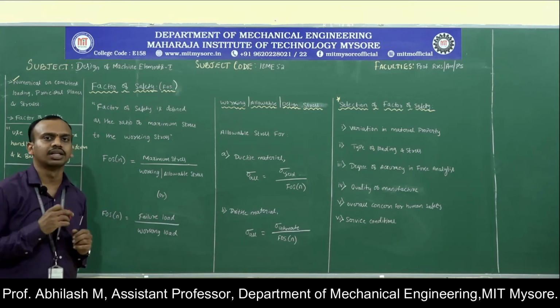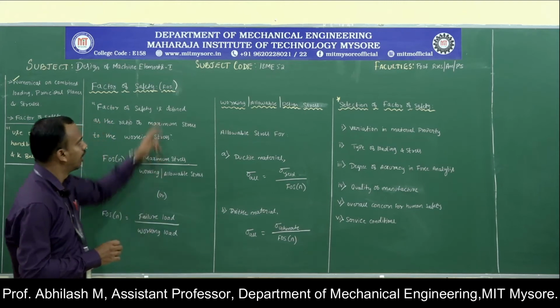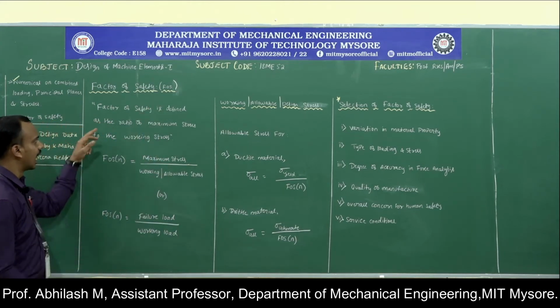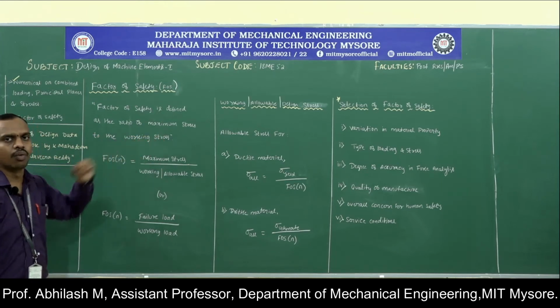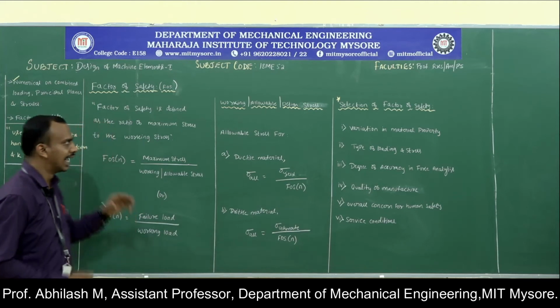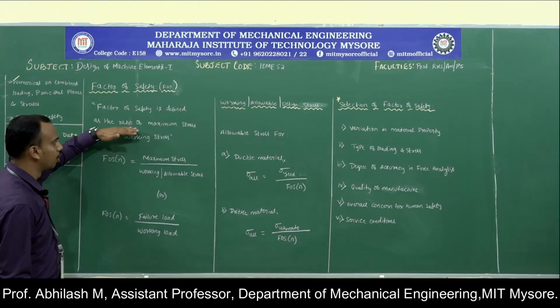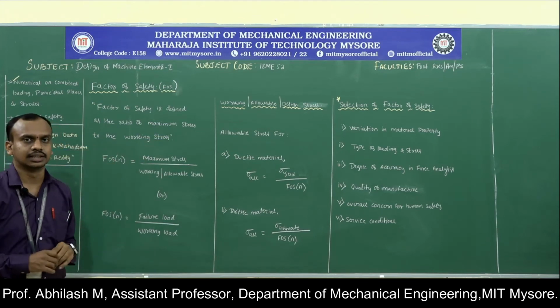Now how do we define this term factor of safety? The factor of safety, or FOS, is defined as the ratio of maximum stress to the working stress. I'll repeat the definition again. It is defined as the ratio of maximum stress to the working stress.